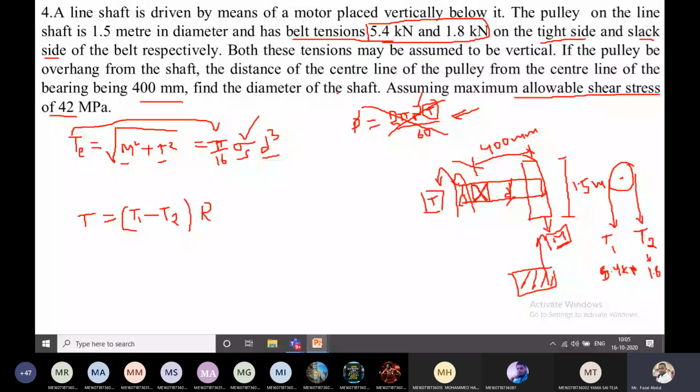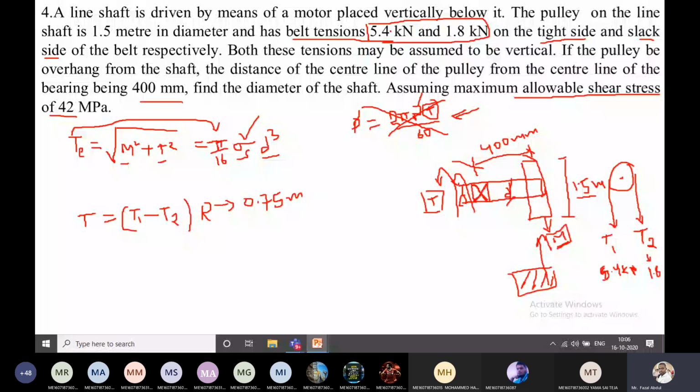Substitute T1, T2 here. You need to substitute them in terms of Newtons, not directly. Substitute T1, T2 in terms of kilo: T1 is 5.4 into 10 power 3, T2 is 1.8 into 10 power 3.